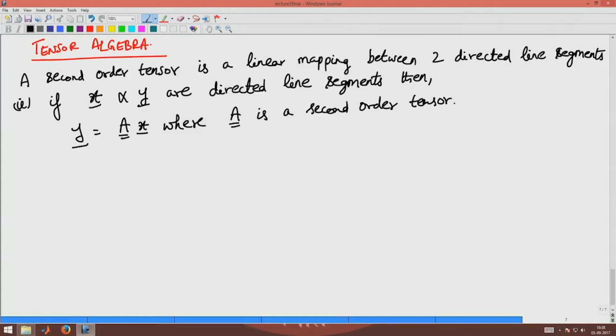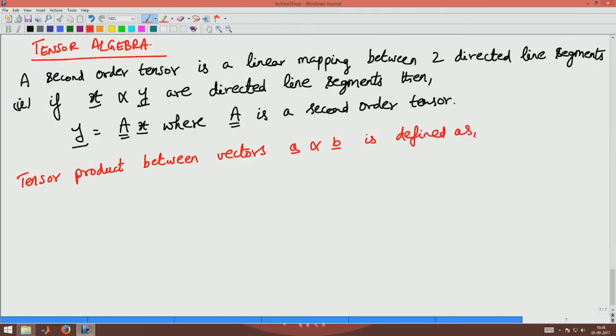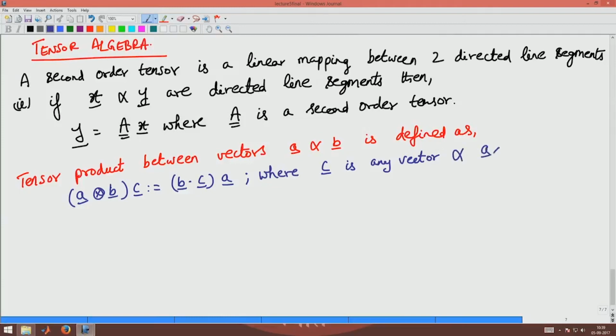To do that we have to understand one more product involving two vectors, called the tensor product. The tensor product between vectors A and B is defined as: A tensor product B acted upon by C is defined as B dot C times A, where C is any vector, and A tensor product B is a second order tensor. This is a definition of a second order tensor.